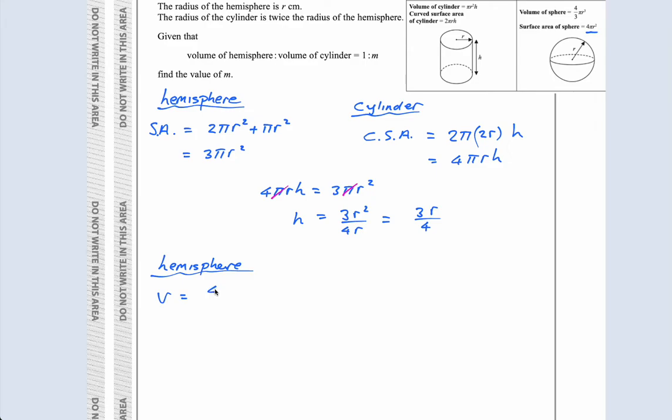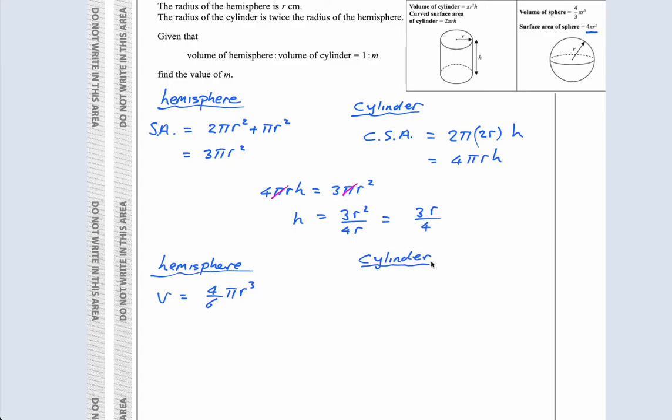So the volume of a hemisphere is 4 over 6 pi r cubed, because I've divided this by 2. If you divide 4 over 3 by 2, you get 4 over 6. Think about what's a third divided by 2? It's a sixth.